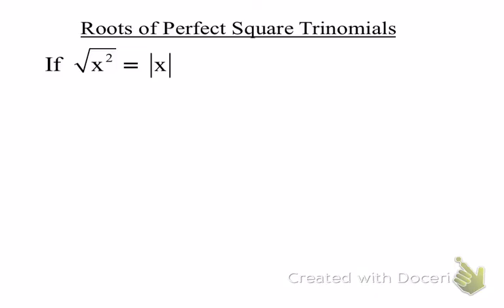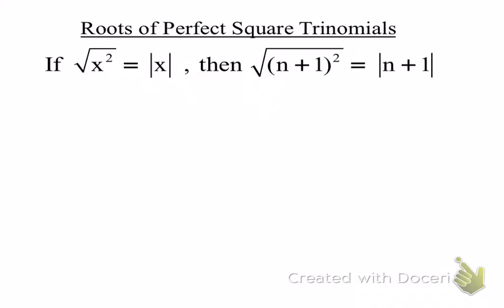Same thing goes if we have a binomial. When we have a binomial to the second power and I take the root, it becomes to the first power. Since it's an odd result for that binomial, as in to the first power, I have to put it in absolute value. Are you guys clear on that?